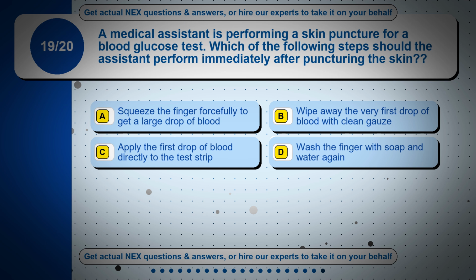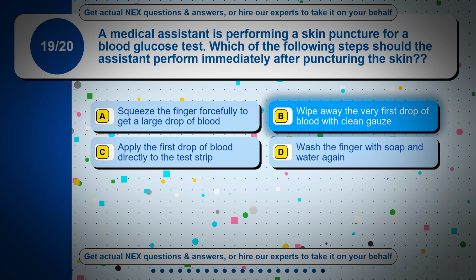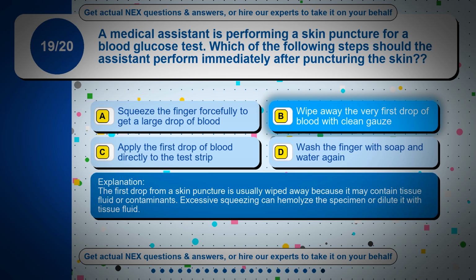Option D, wash the finger with soap and water again. The correct answer is option B, wipe away the very first drop of blood with clean gauze. The first drop from a skin puncture is usually wiped away because it may contain tissue fluid or contaminants. Excessive squeezing can hemolyze the specimen or dilute it with tissue fluid.